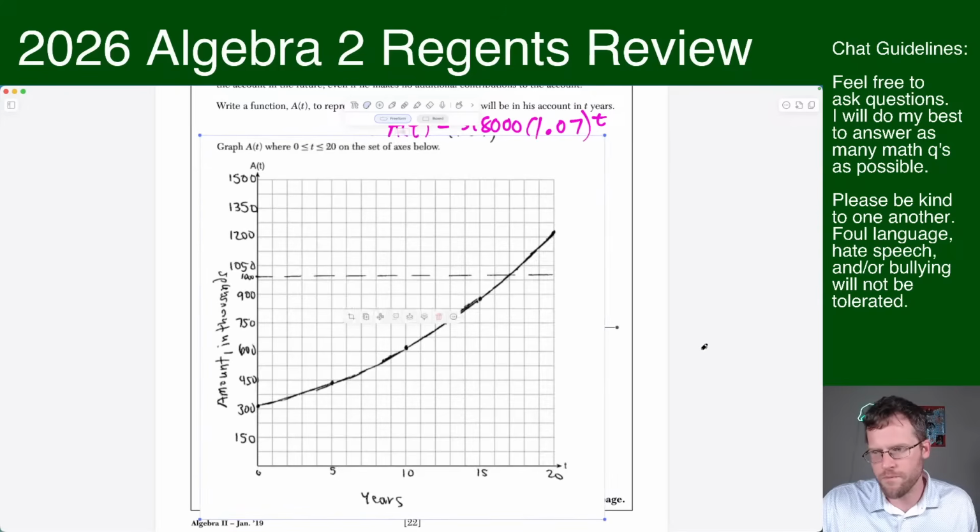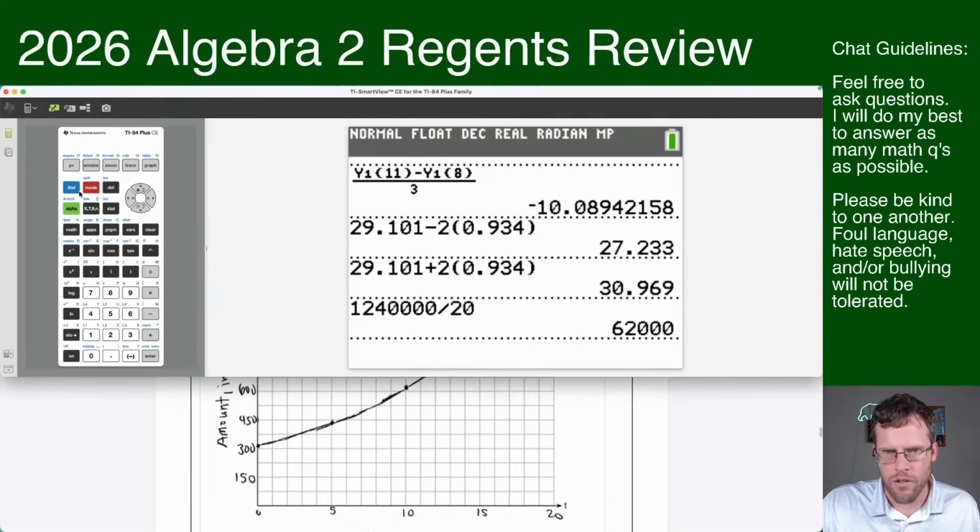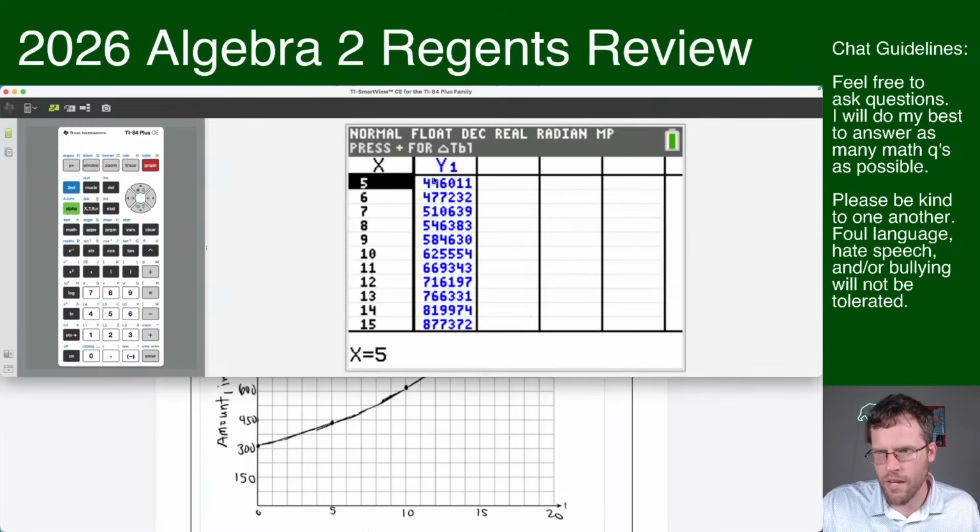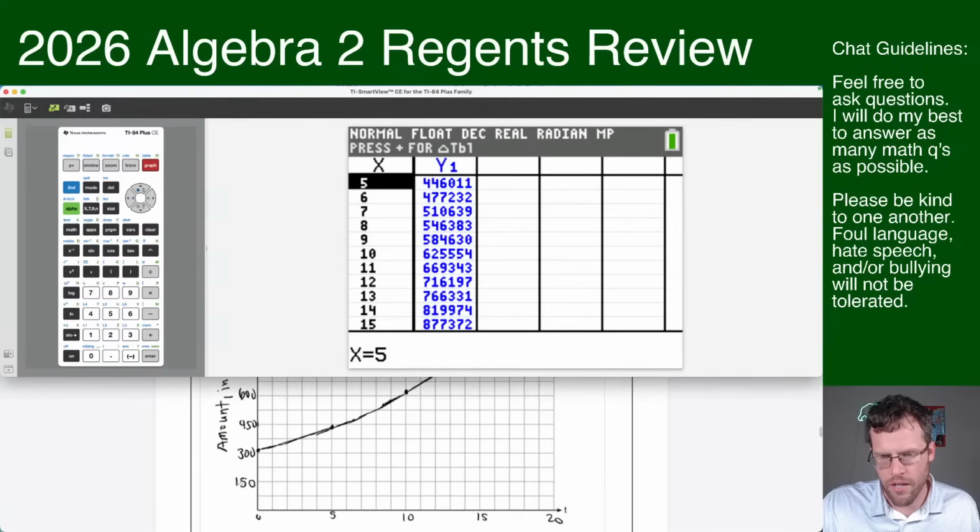If we put this side by side with the calculator, I'll go back to the table. At 5, we're at 446,000, a little bit under 450. So they counted by 150,000, 300,000, 450,000, 600,000, and they counted by 5s on the t-axis. At 10, we're at 625,000 and change, a little more than 600,000.